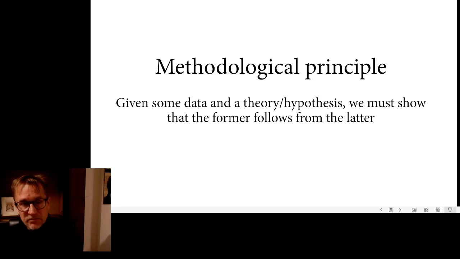We will have to do things a little differently, because if the data doesn't exist in some explicit closed data set, then we can't show that it follows from anything. So we will have to do some work there also.